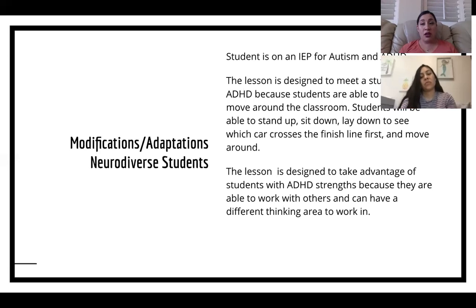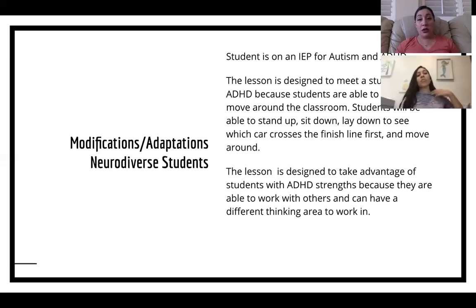The lesson plan is also designed to take advantage of students with ADHD strengths, because they are able to work with others and can have a different thinking area to work in. So aside from being in the classroom, when you do a modification, you're able to give the students a different environment in which they can work, which would be outside. And that would work well for our neurodiverse students.